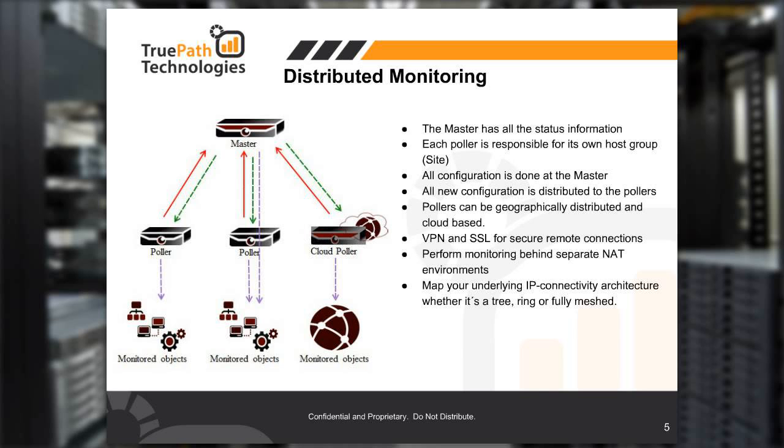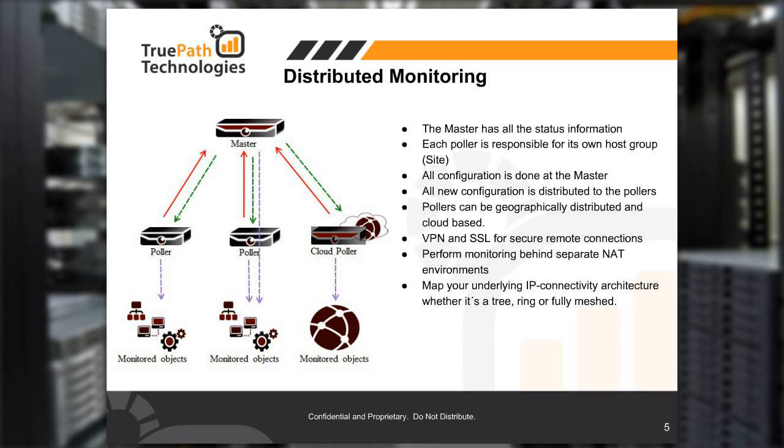Distributed monitoring means that you have the top machine here, which we're going to call the master, and you have these remote pollers. These pollers can be thought of as self-contained units. So we have the master sitting in New York, and on the other side of the country we may have a poller.